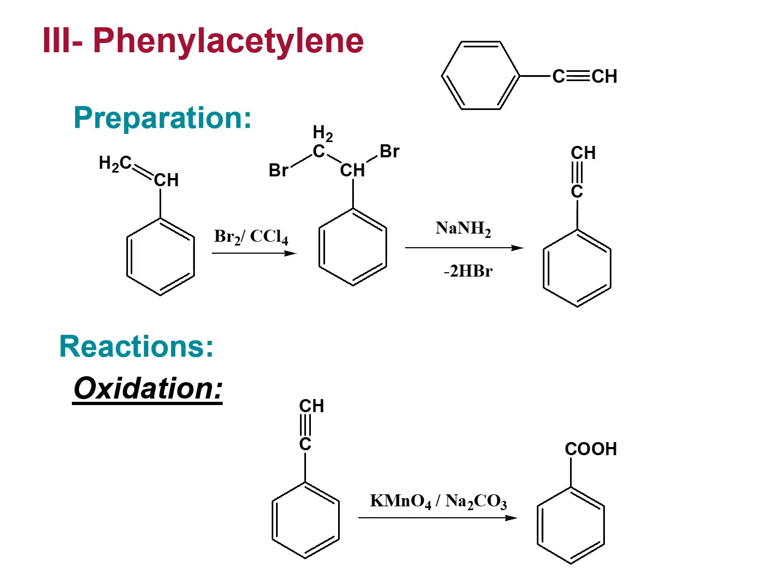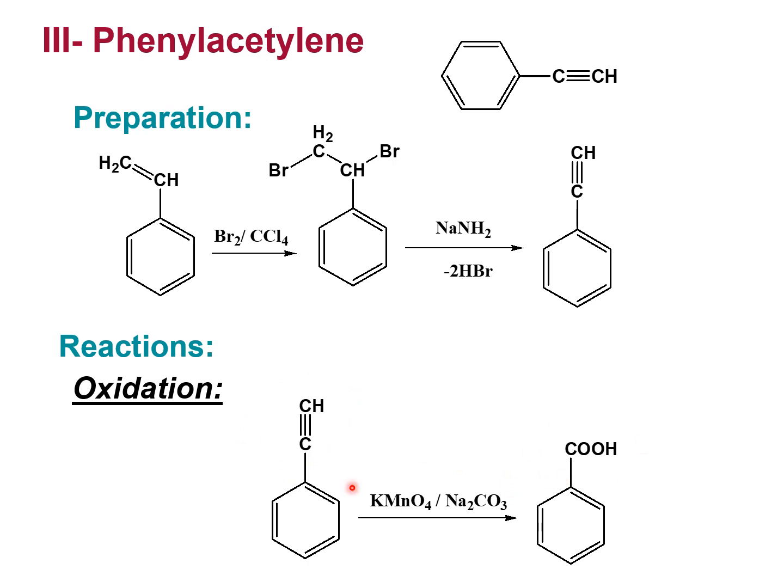The third derivative was the phenylacetylene. As we mentioned, you can synthesize them from styrene by first adding a halogen molecule followed by elimination of two molecules of hydrogen halide. Exactly the same way you synthesize acetylenes. Reactions were addition reactions and the oxidation of the side chain giving benzoic acid.